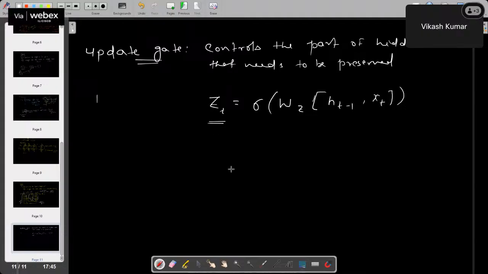Earlier in case of LSTM, it was the potential value, or we can say the amount of information that is going to be contributed to the long term memory. Okay, the second one is the reset gate. So what did we call it previously, if you can remember the architecture, what it was called earlier?